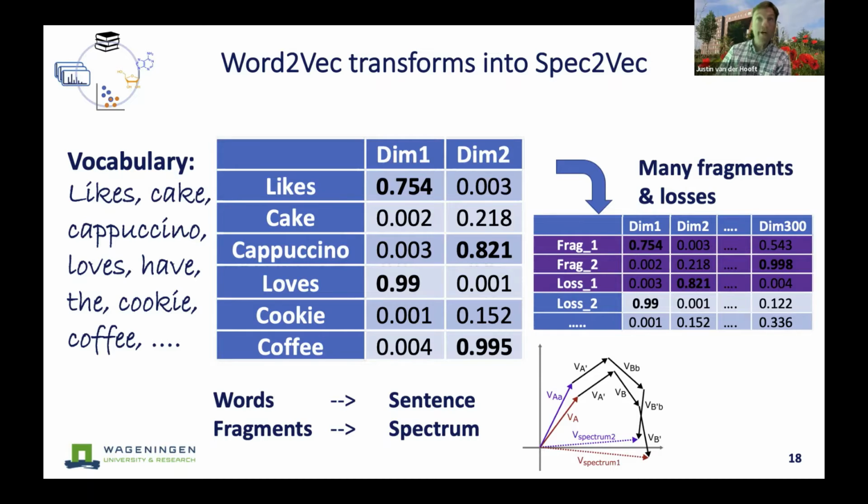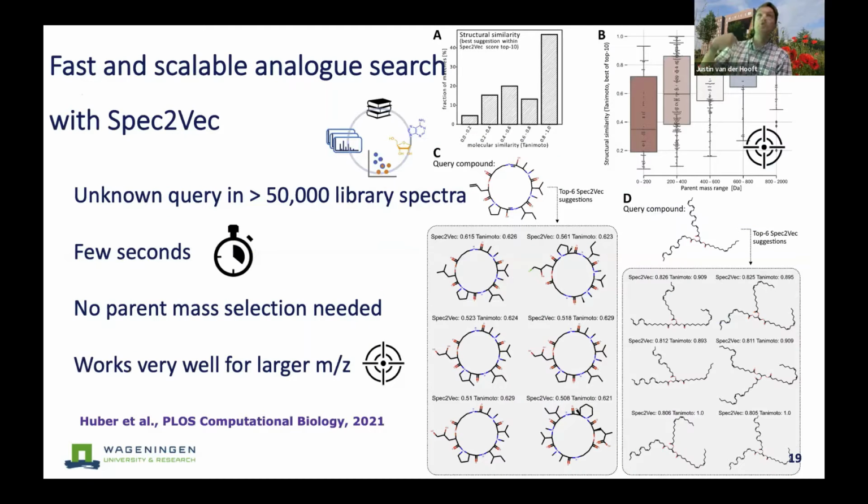I brought one example. On that concept, we can do fast and scalable analog search with Spectrovec. In only a few seconds, we can mine a large library of spectra for structure-related molecules. You can see two examples on the right-hand side, for a cyclic peptide and a lipid-like molecule, where we indeed find structurally very related molecules in the database.